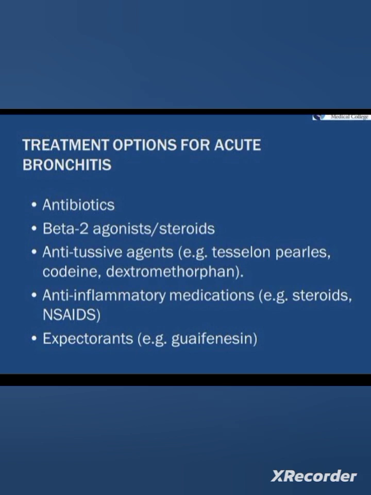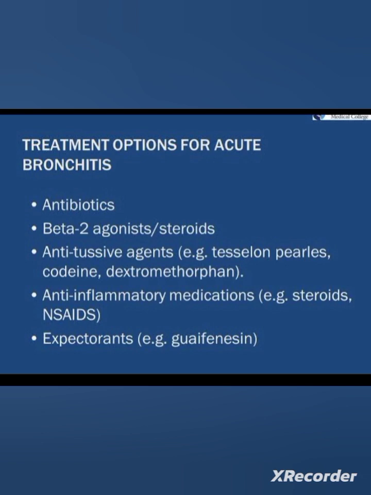Dexamethasone is the drug of choice. Then antitussive agents, especially in dry irritant cough; dextromethorphan is the drug we usually use. Then anti-inflammatory medications, especially steroids or NSAIDs, we give.